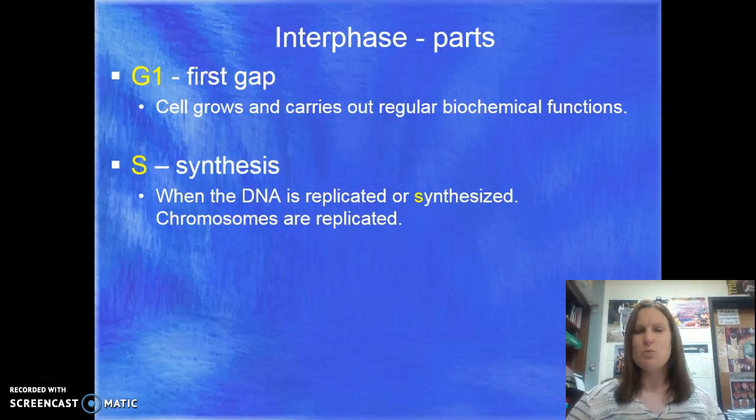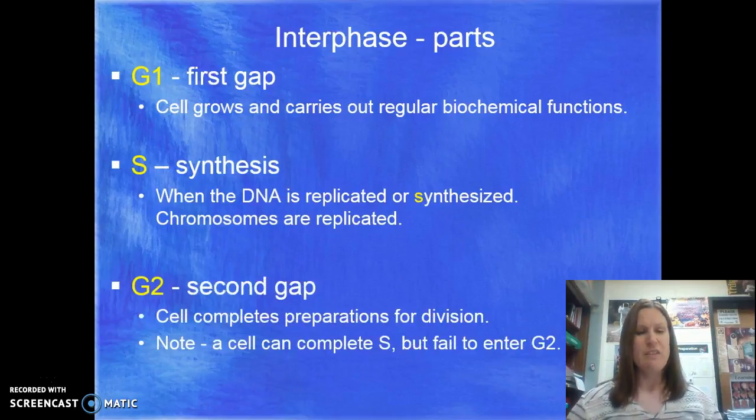So when the DNA is replicated or synthesized, this is when we get the replication of chromosomes. Now, we're not going to go into great detail on this because we have a whole big chapter to cover DNA replication. Okay? And then finally we have the G2 phase, which is the second gap. This is when the cell completes preparations for division, where it continues growing and doubles the number of organelles.